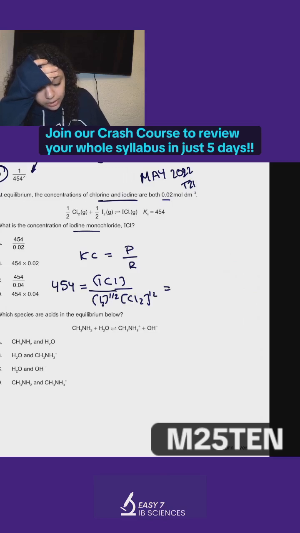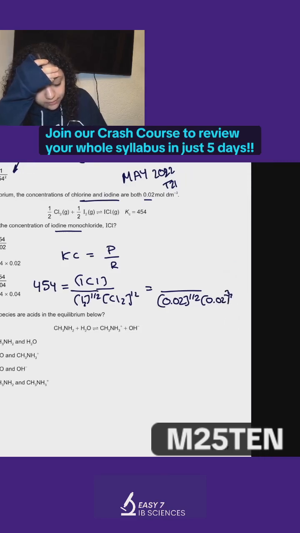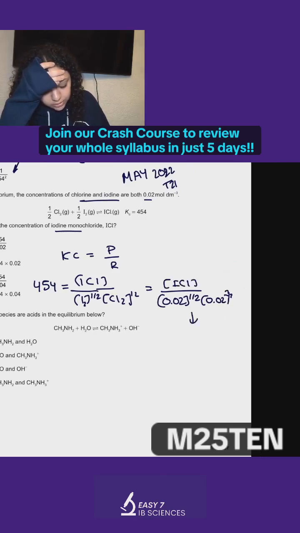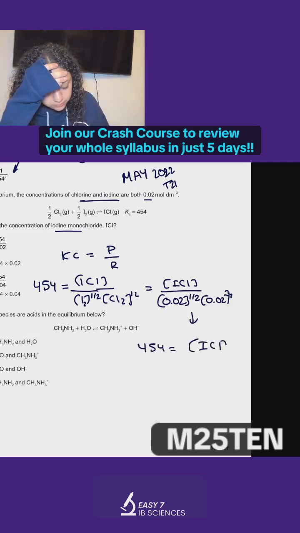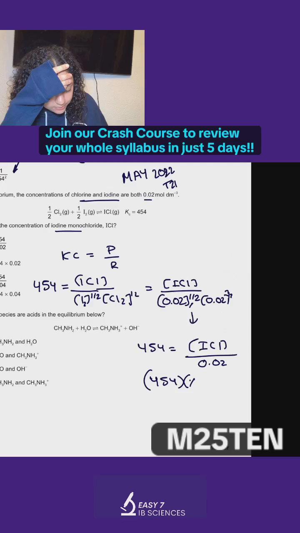My iodine and chlorine are both 0.02 to the 1/2, and therefore I have to solve for this ICl. Let me rearrange my equation. 454 is equal to ICl over 0.02 to the 1/2 times 0.02 to the 1/2, which is going to be 0.02. So my final answer is 454 times 0.02, and that should give you your ICl value.